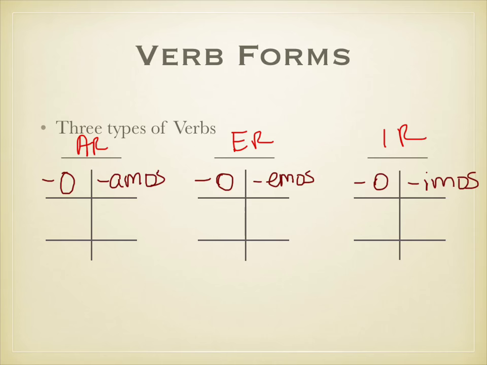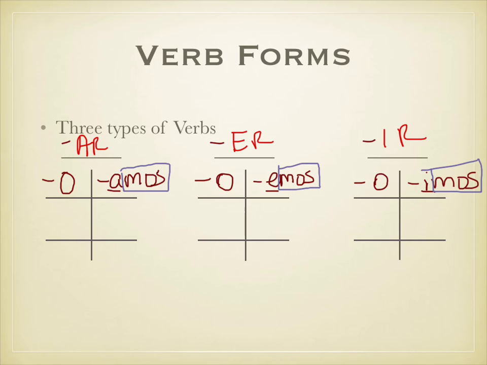You'll notice that in every single one of these, if the verb ends with an AR, ER, or IR, for the nosotros form, it's going to start off with that letter: A, E, or I. The mos is what indicates that this verb is the nosotros form.